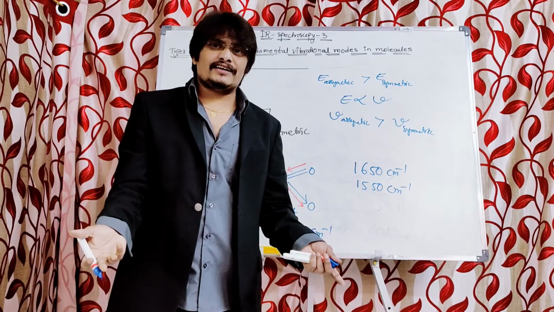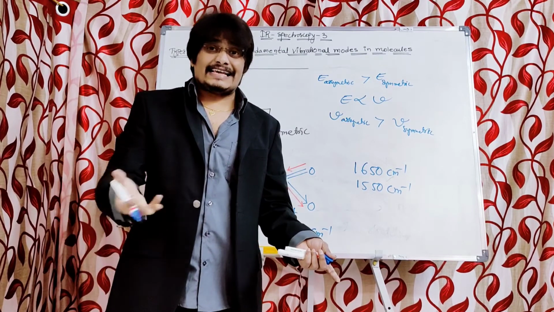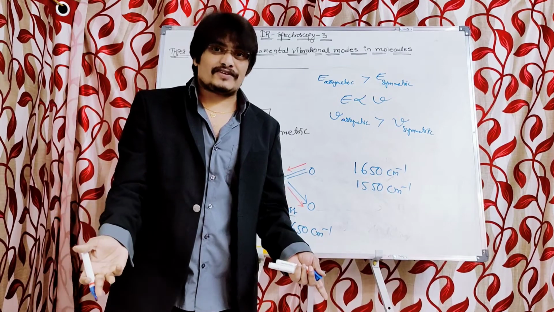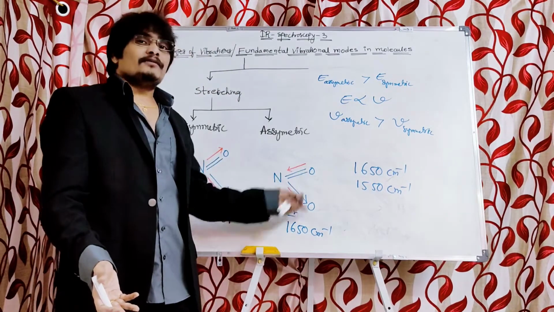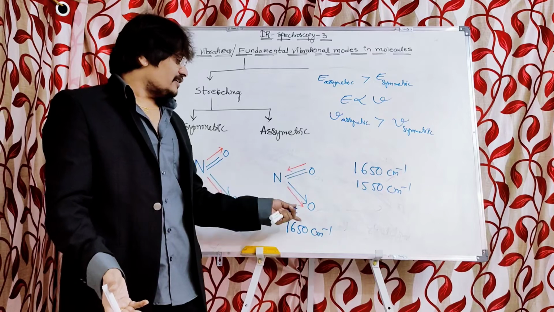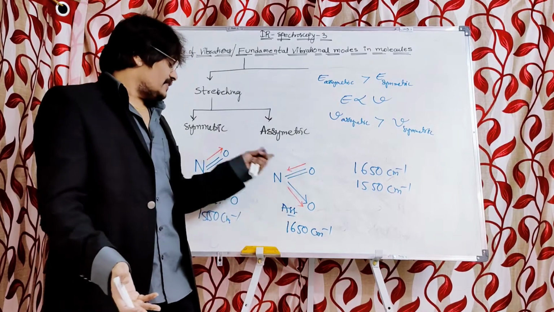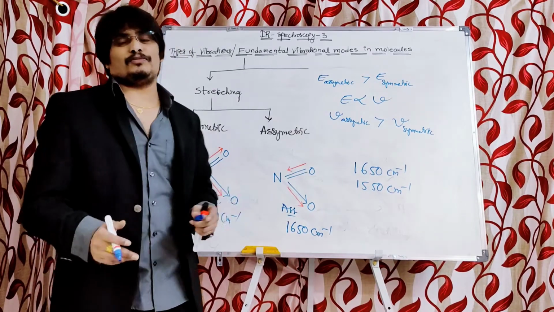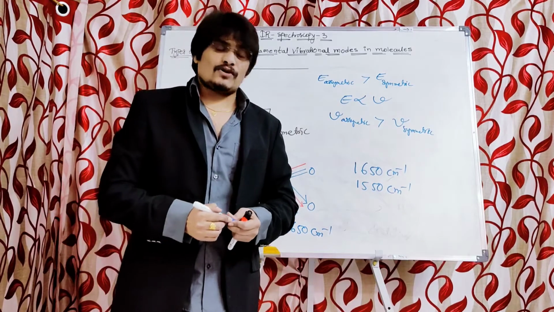As energy is directly proportional to frequency, the frequency of the asymmetric nitro group will be more than the frequency of the symmetric nitro group. I hope you understood this concept.